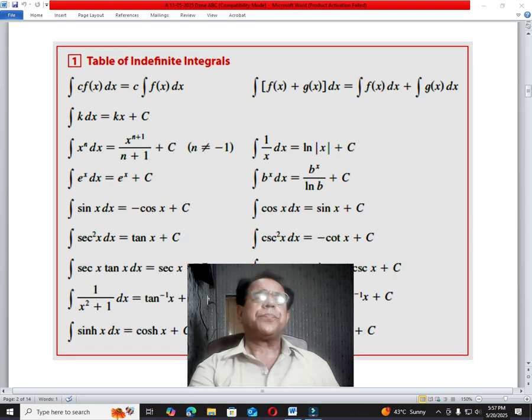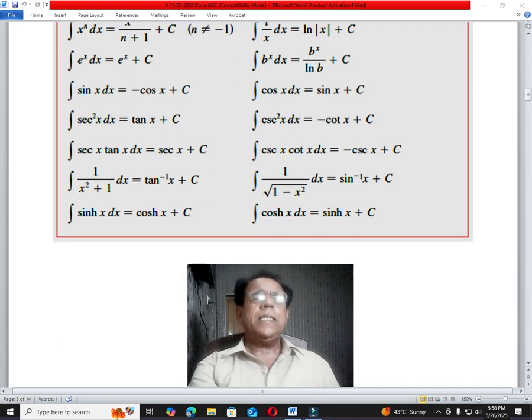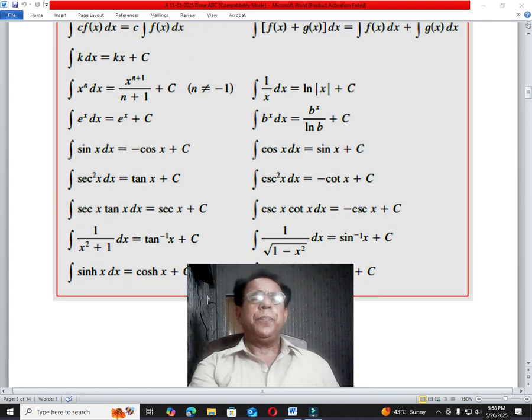Dear students, the next snapshot or copy-paste version is about formulas used. These formulas are more than required for these problems.